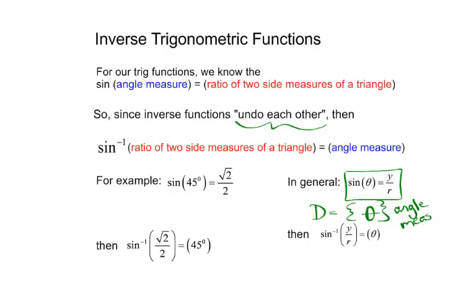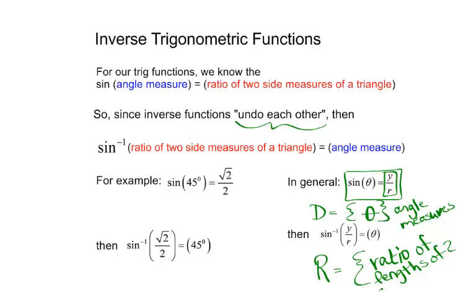We take the sine, the cosine, the tan, the cotan, the cosecant, and we put an angle measure into that function operation, and the result that we get out is a ratio of lengths of two sides of a triangle.